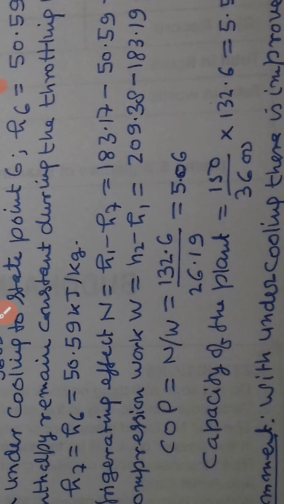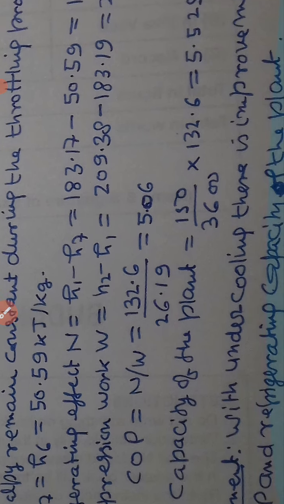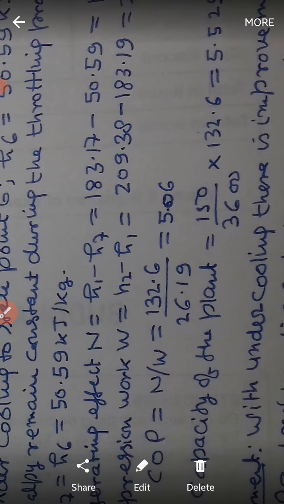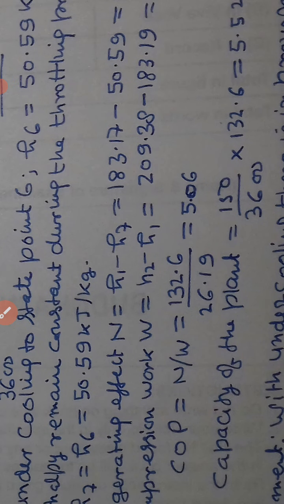Therefore, refrigerating effect H1 minus H7 is 183.19 minus 50.59, that gives 132.6 kJ per kg. And compression work W, given by H2 minus H1, is of course the same, 209.38 minus 183.19, that gives 26.19 kJ per kg.